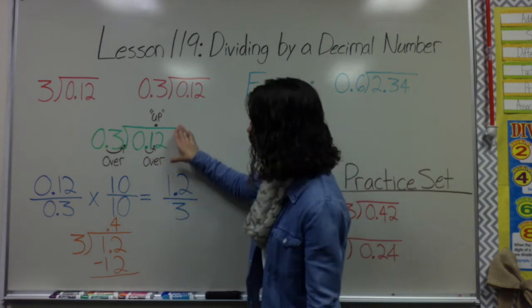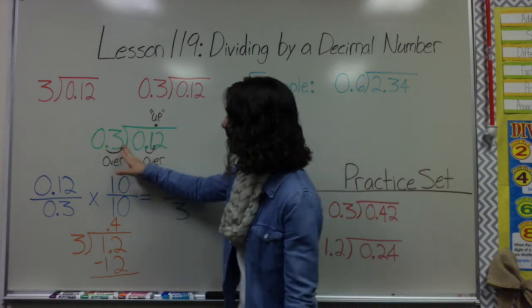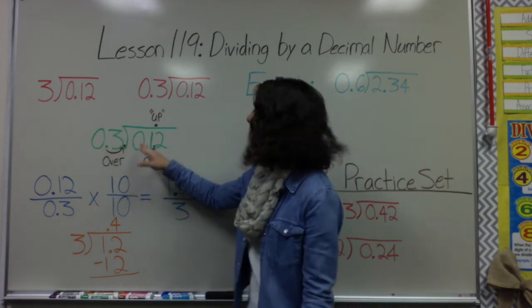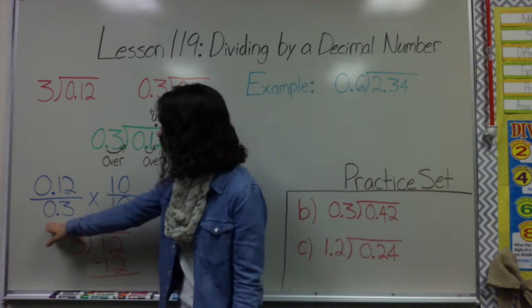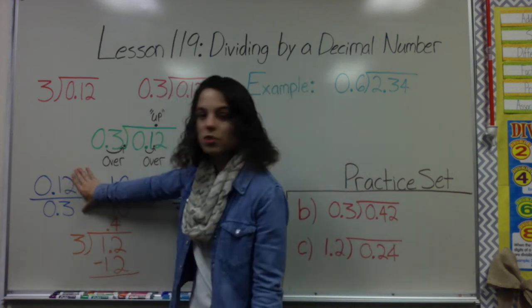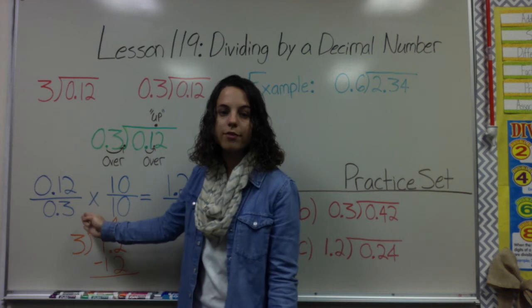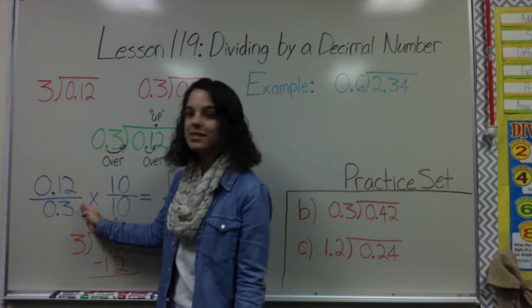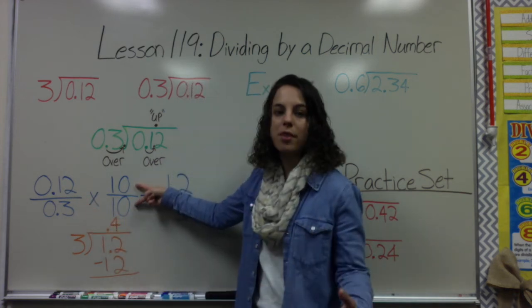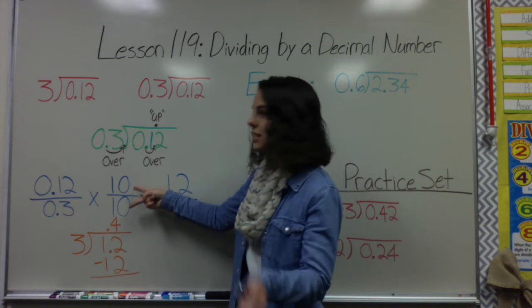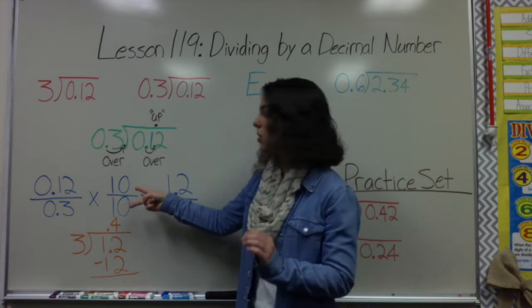Now the reason for moving it over one place in the divisor and one place in the dividend is this. I'm writing this exact same division problem with a division bar: 12 hundredths divided by 3 tenths. Now we learned whenever I multiply by 10 or by 100 or by 1,000, I'm just moving over the decimal point. There's no extra math.